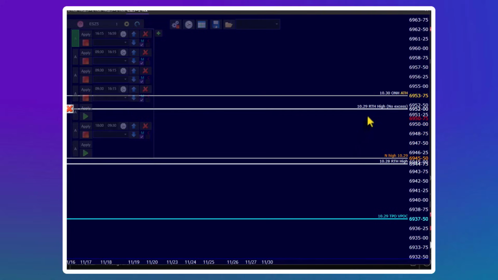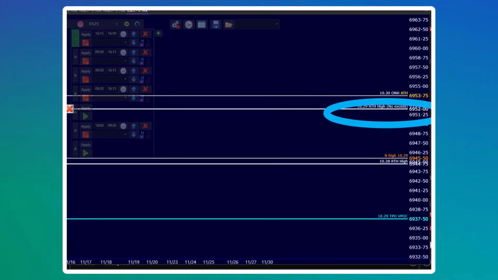The RTH all-time high at 6952 does not have excess. So that eventually is going to need repair. Doesn't mean it's going to happen this week. But if we stay above the levels I mentioned, it has me looking that way.